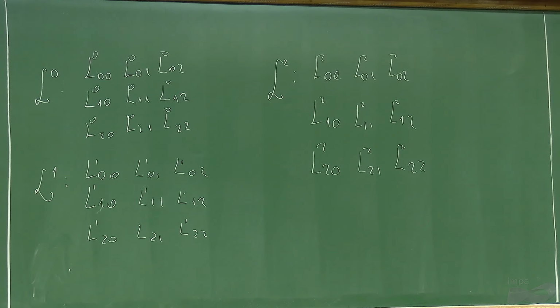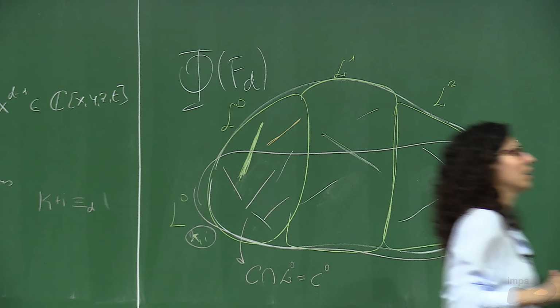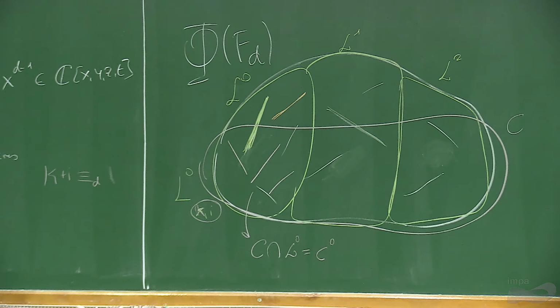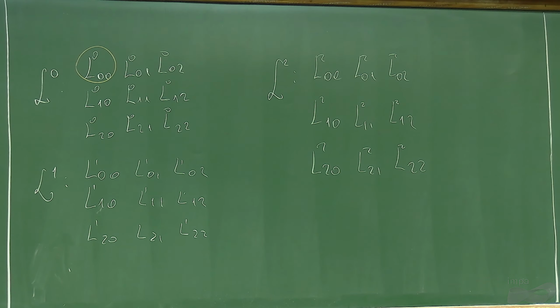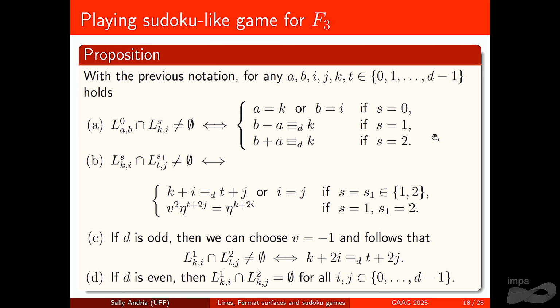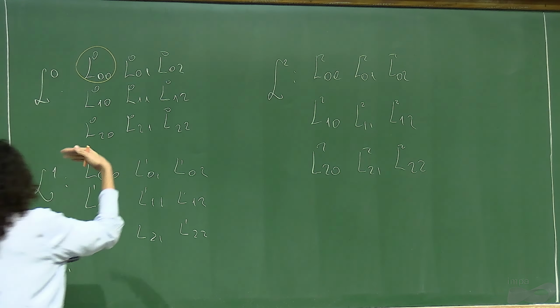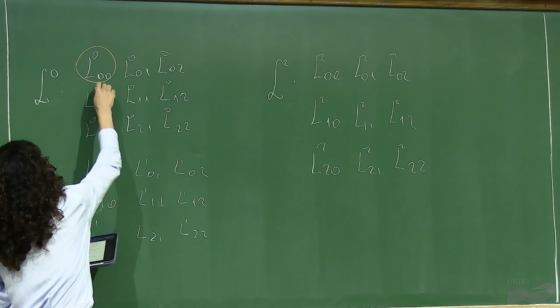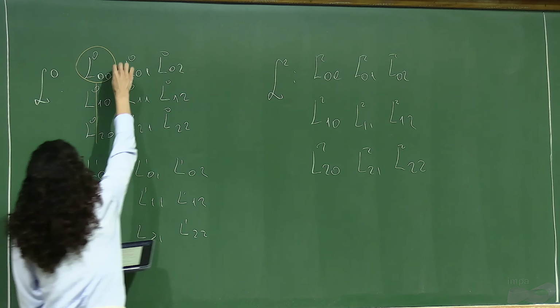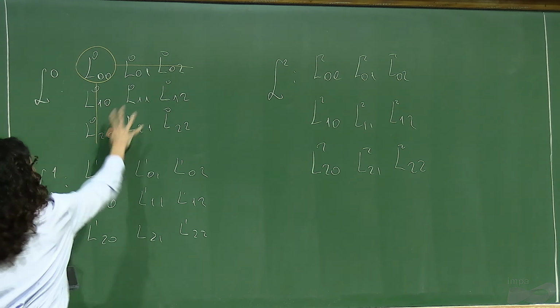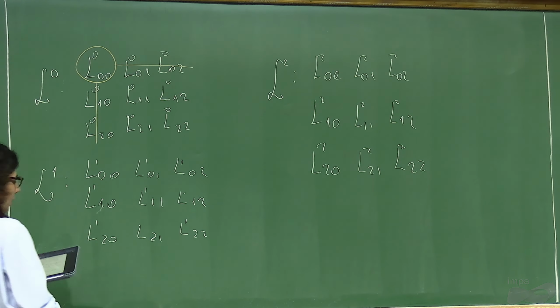Let me take another color. So let's start by choosing one line in the first set. Let's choose this one. The propositions say that if I want a skew line, I can choose lines in this column and this line, so we have these possibilities here.